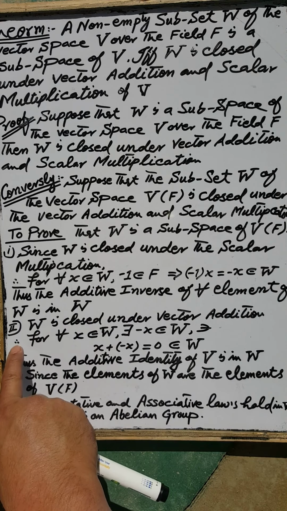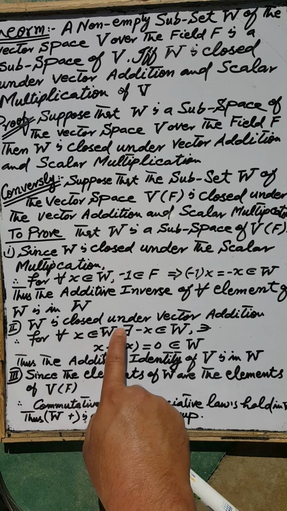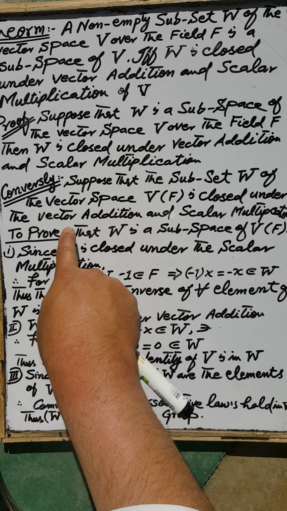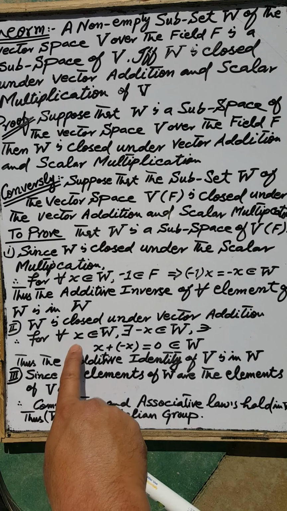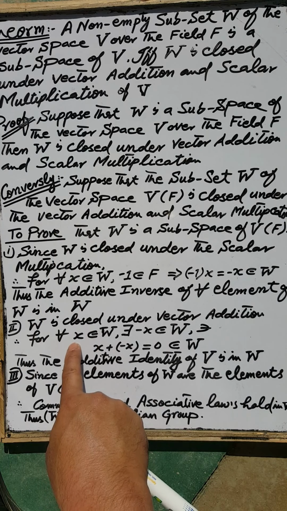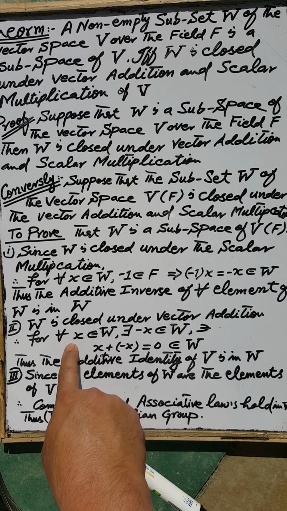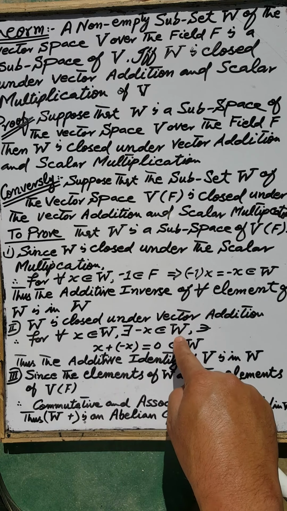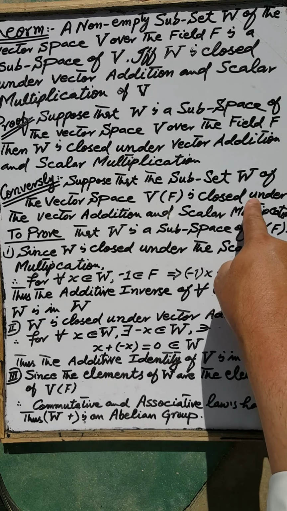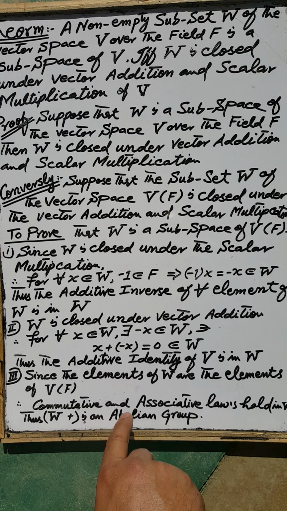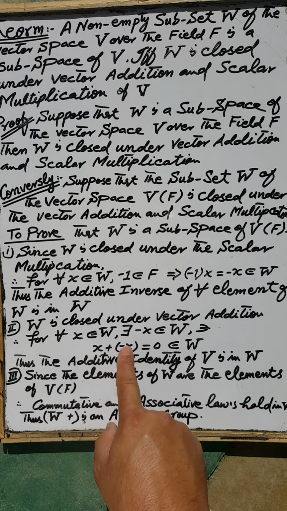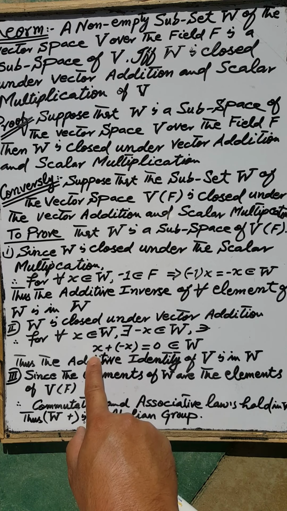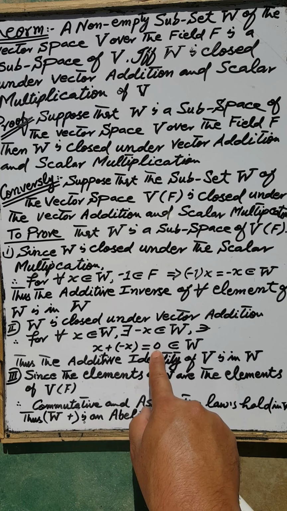To check the second condition, that is W is closed under vector addition: for each element of W, the additive inverse of x, which is minus x, is contained in W. The vector addition of these two elements, which are the additive inverse of each other, gives the additive identity element.